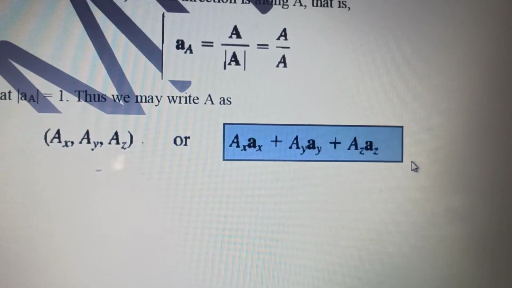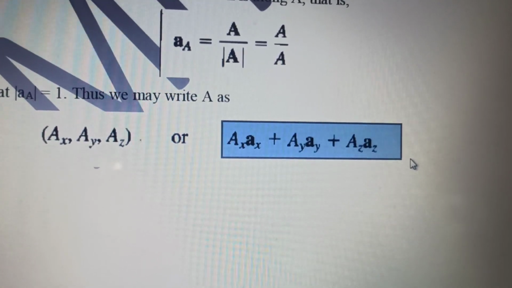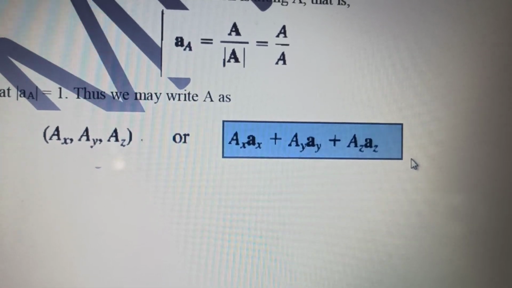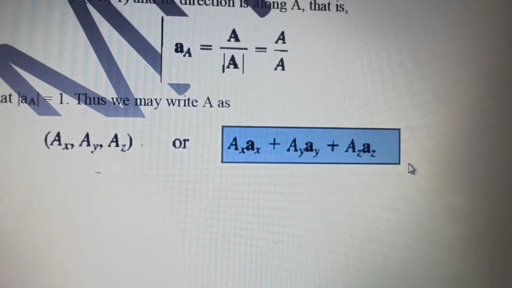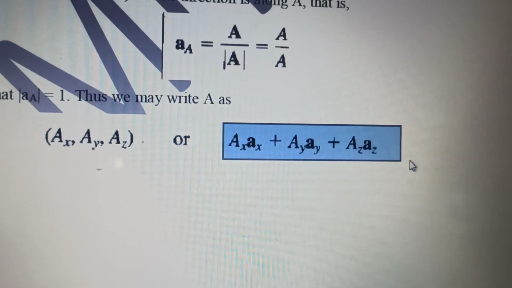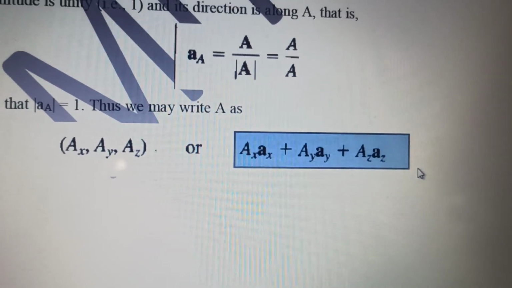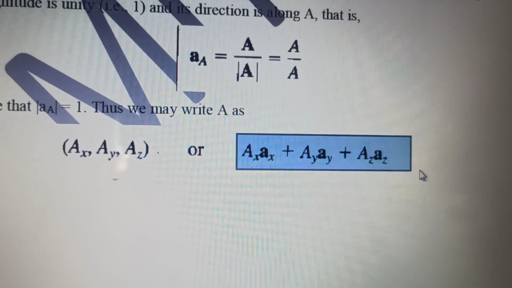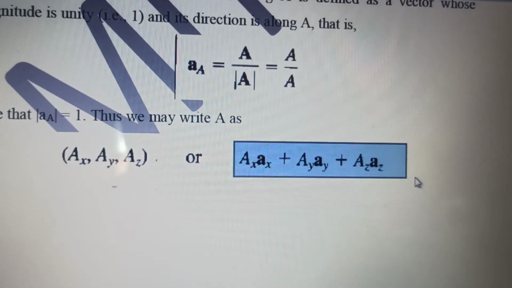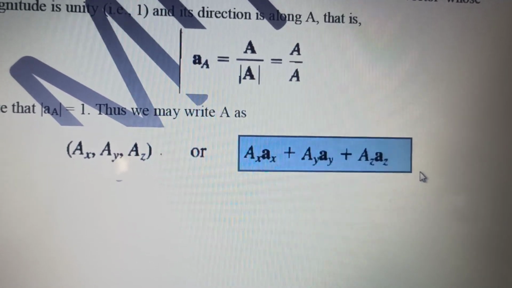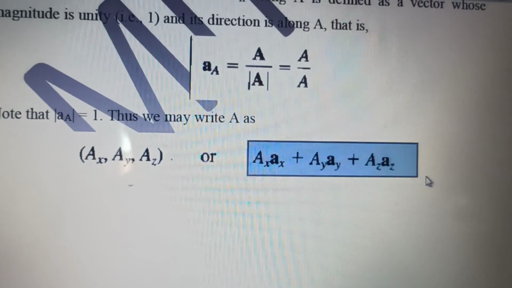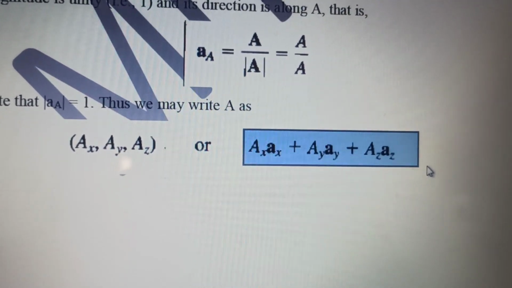Similarly, in the spherical coordinate system we have r, theta and phi. If we don't understand what exactly a unit vector is, we won't be able to understand the basic coordinate systems, and this will be an issue for all of us.